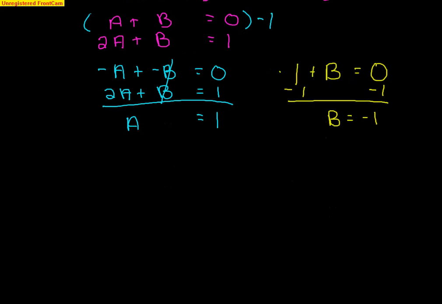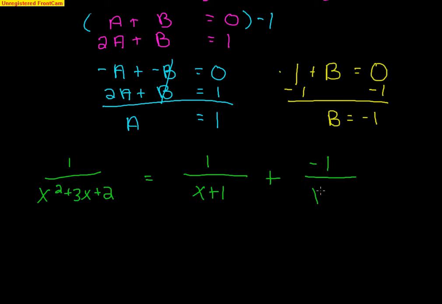So now that we have what a and b equal, we can plug it back into our original fractions. So we get 1 over x squared plus 3x plus 2 equals, plug in 1 for a, 1 over x plus 1 plus, now we have -1 for b, so we can put -1 up here in the numerator and put x plus 2 in the denominator. And that is the answer.